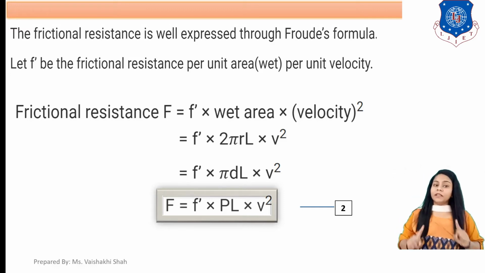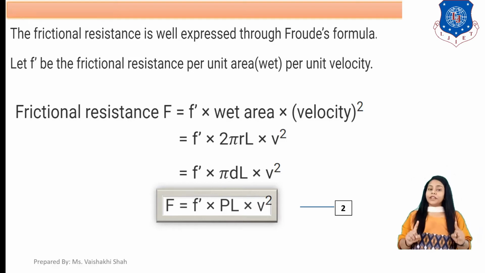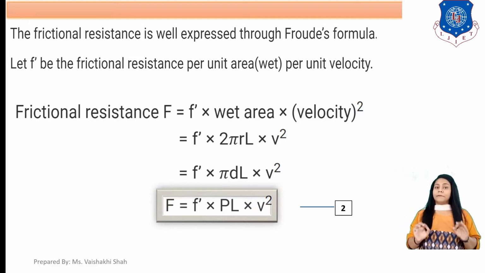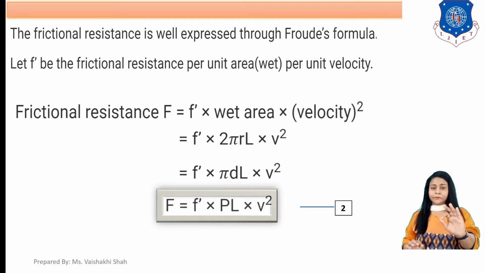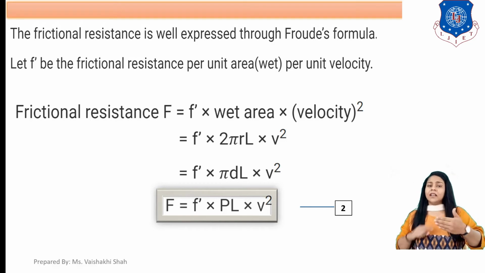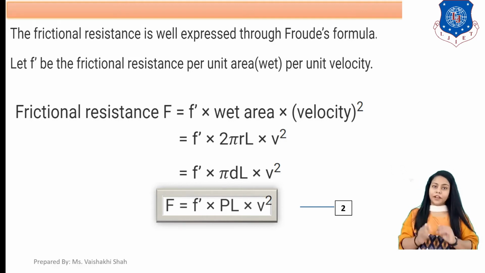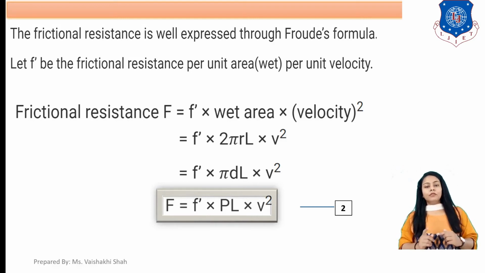You have to remember this formula to find frictional resistance, which is capital F. Wet area means the area inside the pipe, the inside periphery of the pipe. So you can replace wet area by 2 pi r into L into V square.